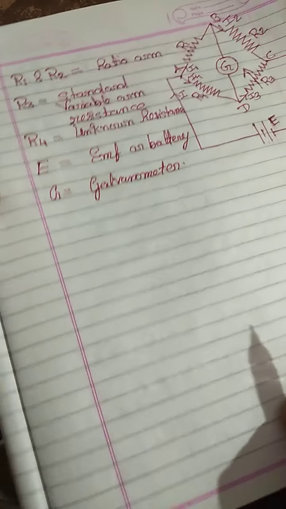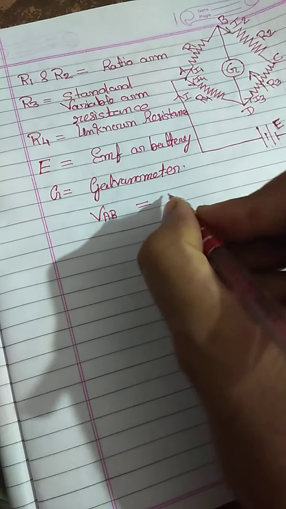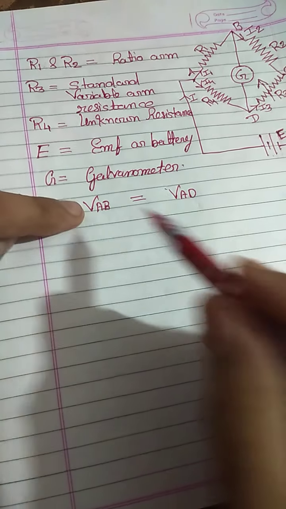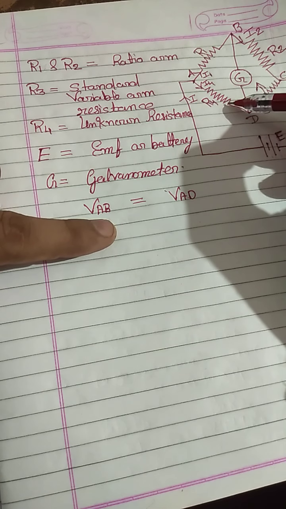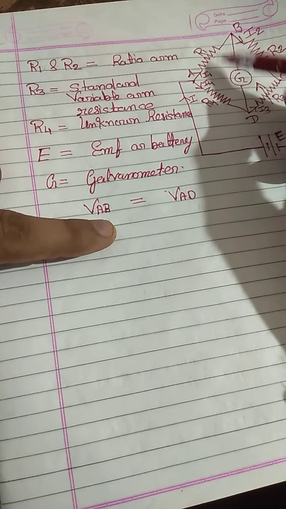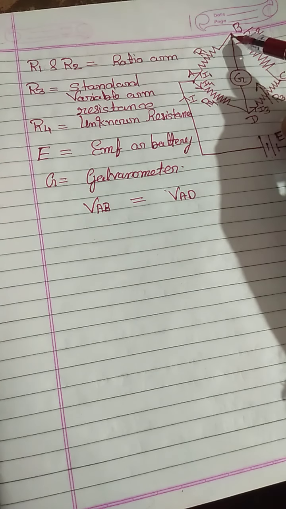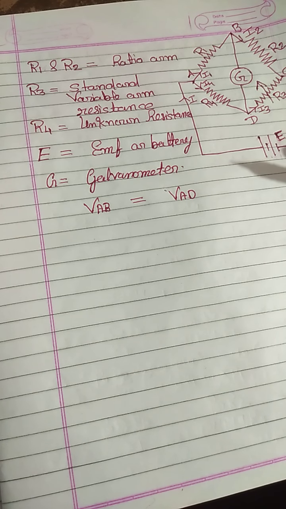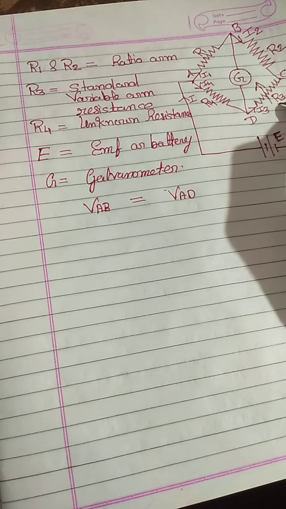So I have to make VAB equal to VAD. The voltage drop across arm 1, VAB, should equal the voltage drop across arm 4. If these two voltage drops are equal, the potential across B and D will be 0. How is it possible? It can be done by changing the value of resistance R3.